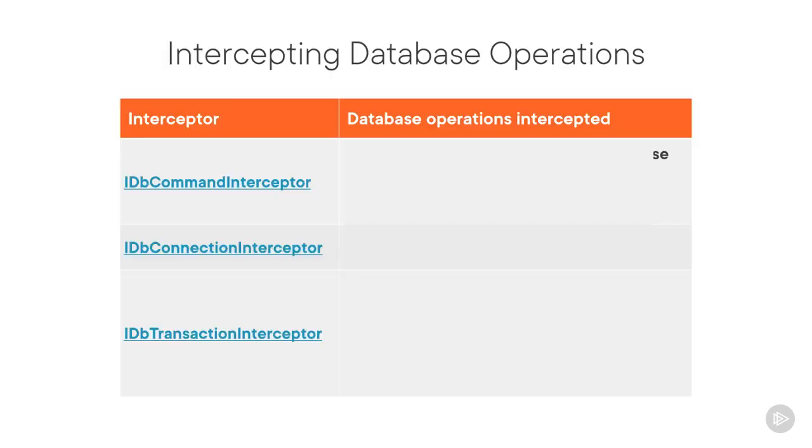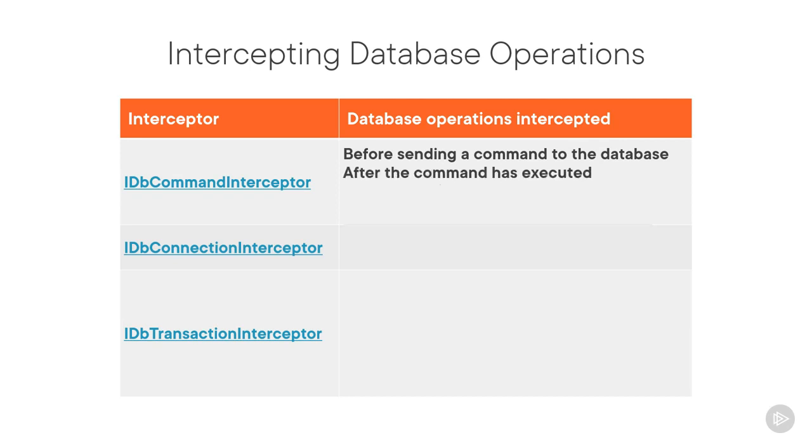I'll focus on the database operation interception, which I find the most interesting, to get a feel for how this feature works. The database operations you can intercept are commands, connections, and transactions. And for each, there are a number of points at which you can intrude on the operation. For example, just before EFCore is about to send the command to the database, giving you a chance to modify the command if you'd like. Another point is just after the database has executed the command.